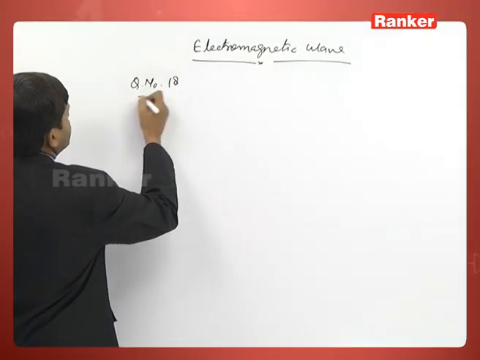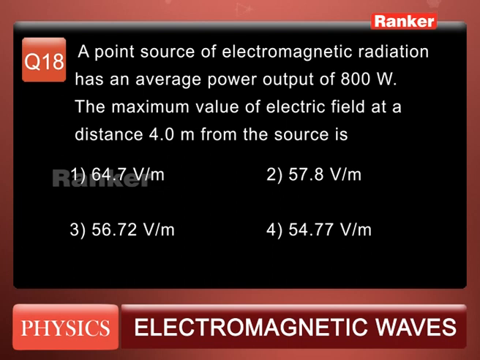Question number 18. The question is given as: a point source of electromagnetic radiation has an average power output of 800 watt. The maximum value of electric field at a distance 4 meter from the source is: first option 64.7 volt per meter, second option 57.8 volt per meter, third option 56.72 volt per meter, and the fourth option 54.77 volt per meter.